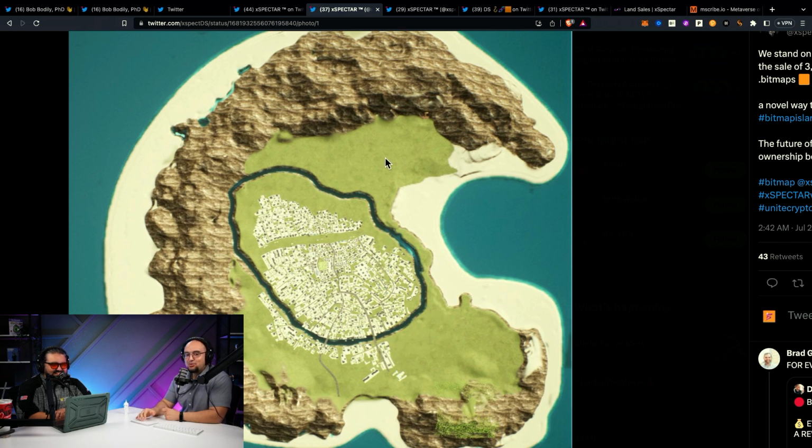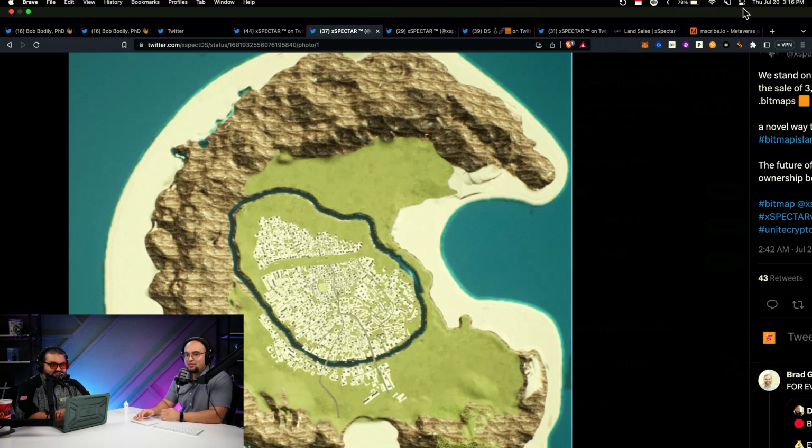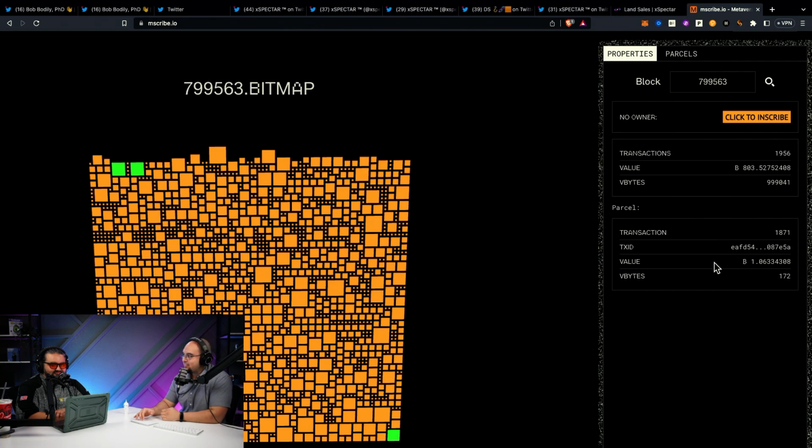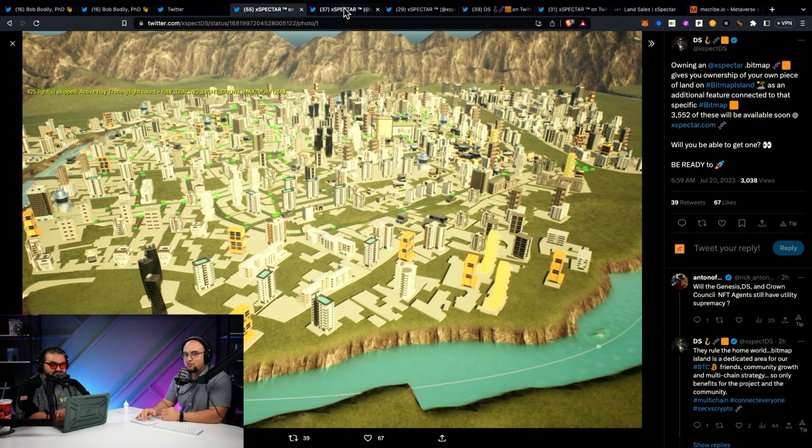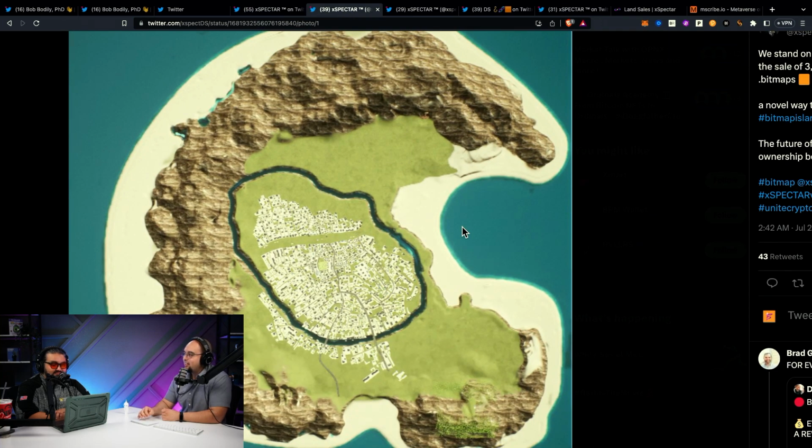Okay, what else? There's 1,956 parcels. They're all sized according to the Bitmap Standard. I'm using the virtual bytes to represent the size. And, come join. And I'm selling each parcel for $50. Okay. And so you sell out. All of a sudden, now you have a community, 1,000 people, right?